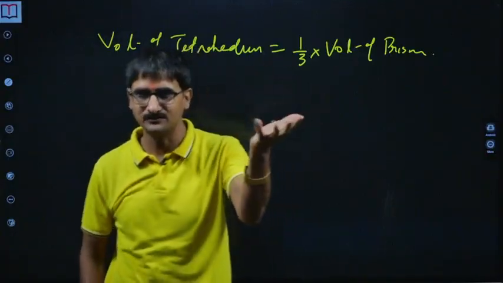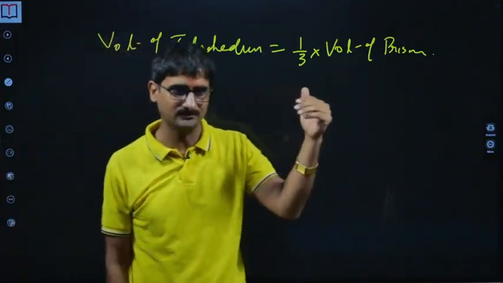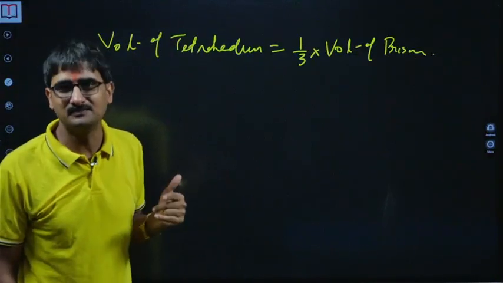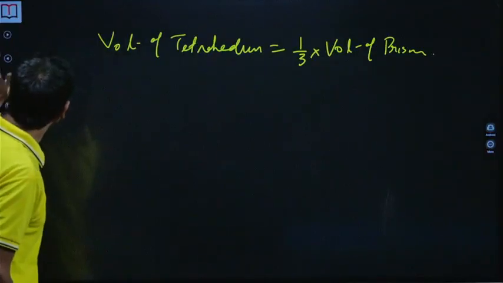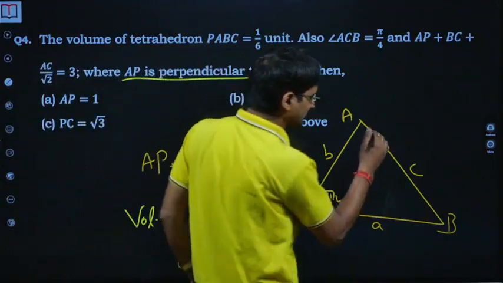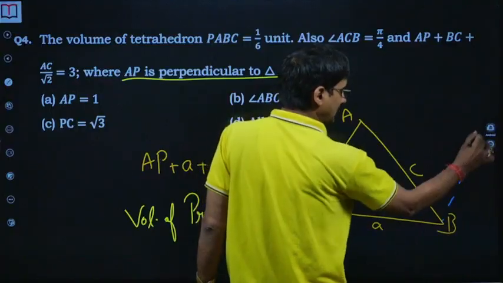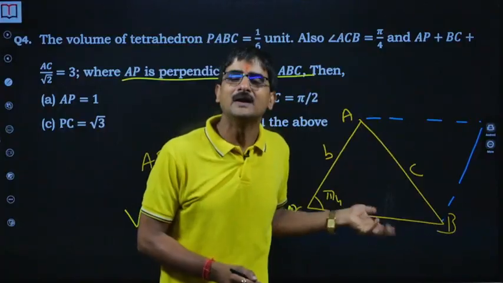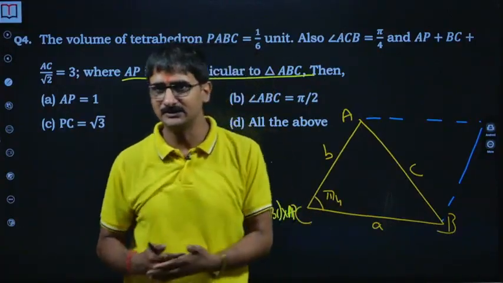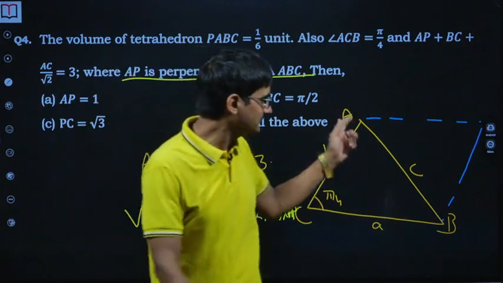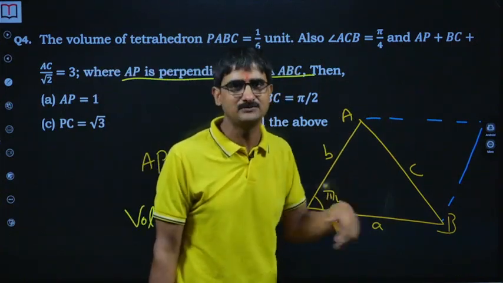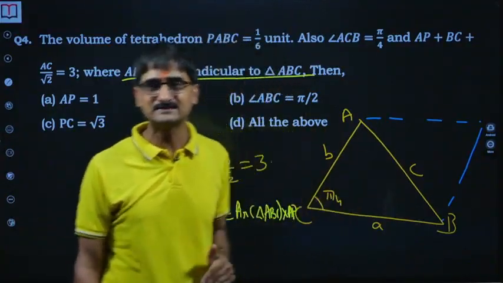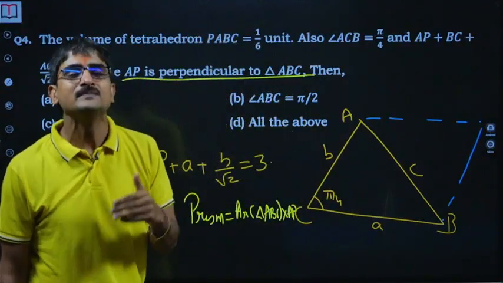You can prove it from the 1/6 result, because the volume of parallelepiped is double the volume of the prism. Why? If I complete this parallelogram, of course you just need two sides, in terms of vectors, then we know the diagonal divides the parallelogram into two triangles of equal area. So volume of parallelepiped is twice the volume of the prism.